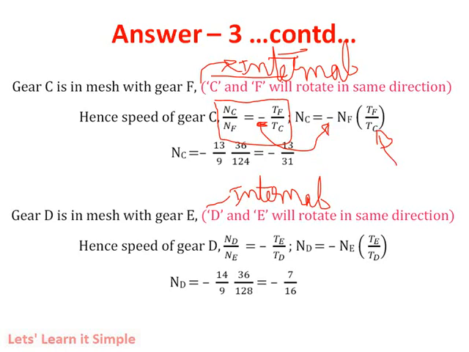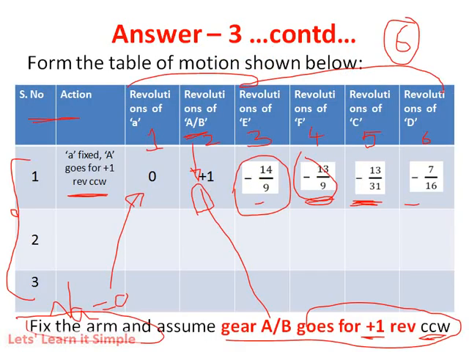Substitute NF, TF, TC, and you will get NC as minus 13 by 31 after simplification. The speed of gear C is minus 13 by 31. Bring this to the first row, fifth column here. So now this is also done.